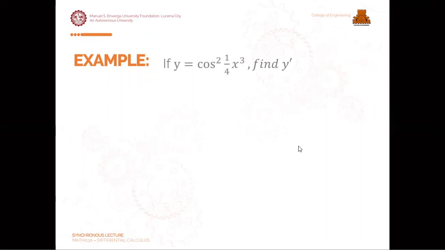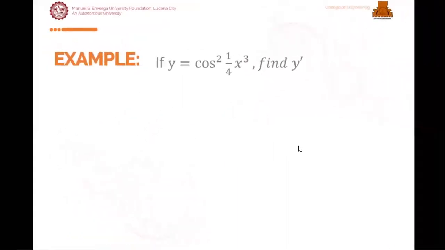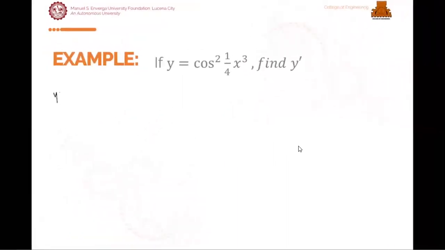So, let's try. So, we have yung given natin, y is equals to cosine squared. So, lagyan natin parenthesis, no? Para hindi nakakalito. Okay? Then, yung cosine squared, pwede natin yung i-rewrite, no? Na cosine 1/4 x cubed as nasa labas siya naka-squared.